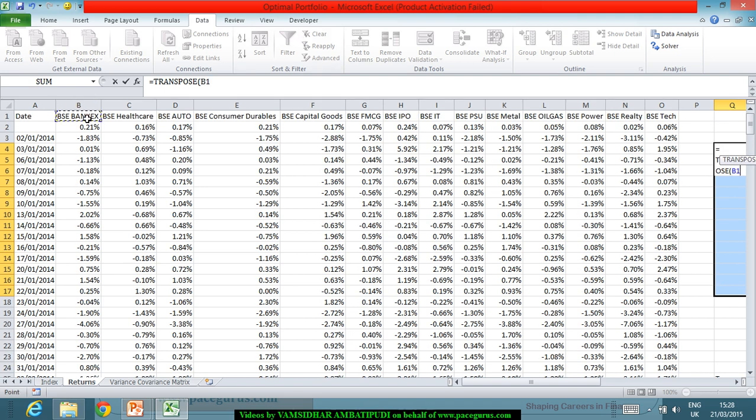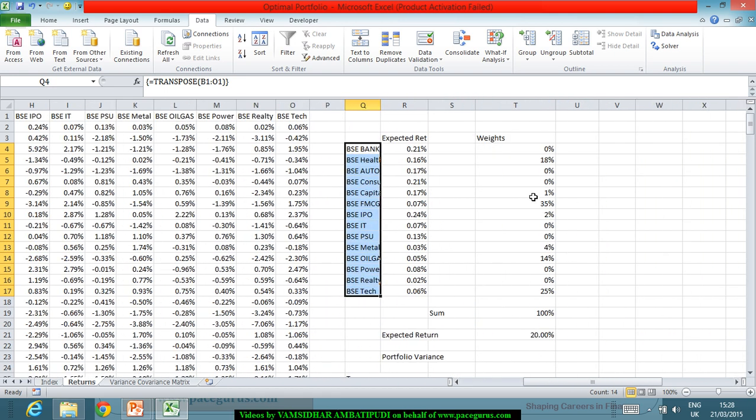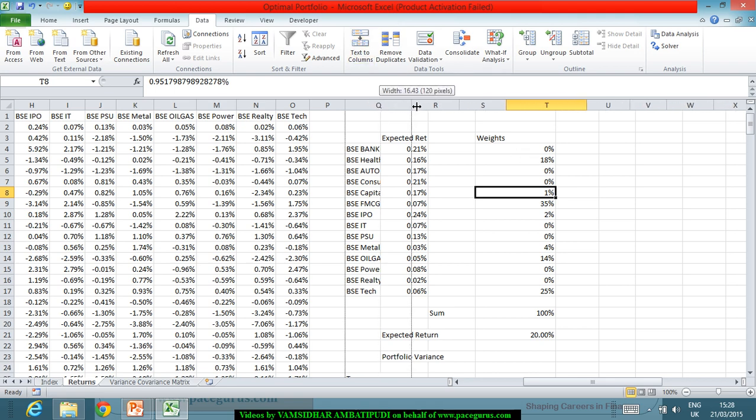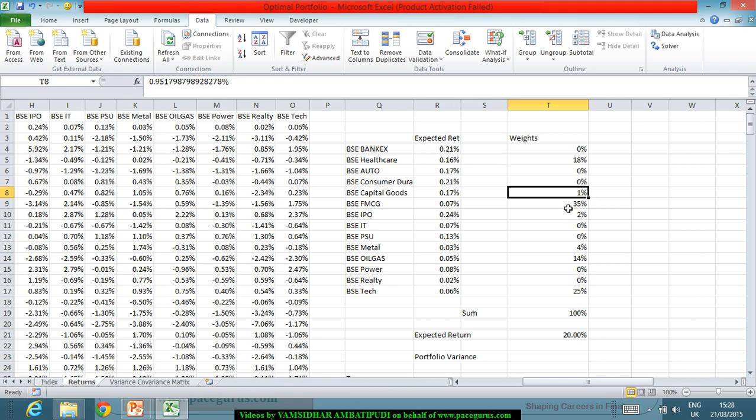I'm getting the transpose of the names from here, wherein the logic I'm getting is to invest almost 17.67% in healthcare, close to 1% in capital goods. So there is a kind of decision that I am getting. 35% go with FMCG, 4% in metal, 14% in oil and gas, and probably around 25% in technology stocks.